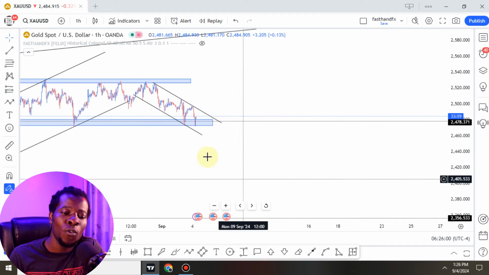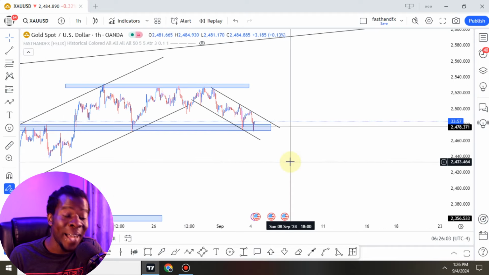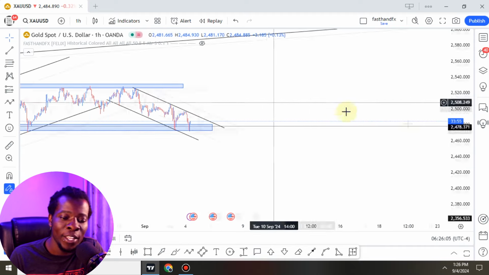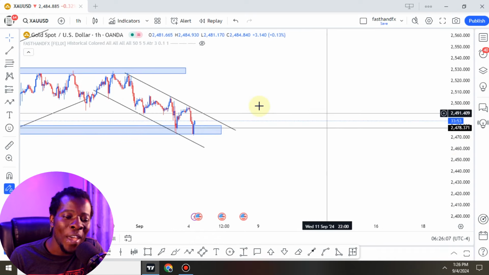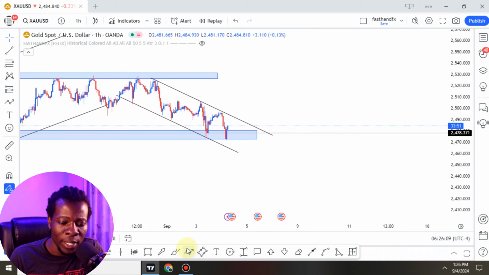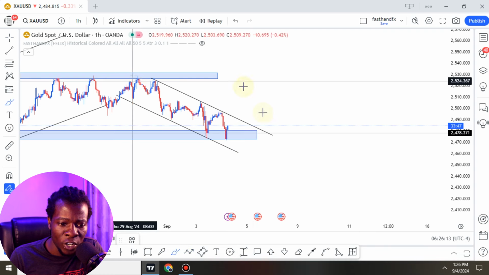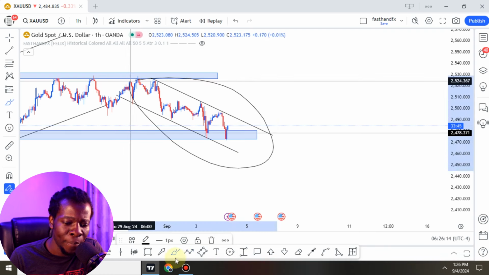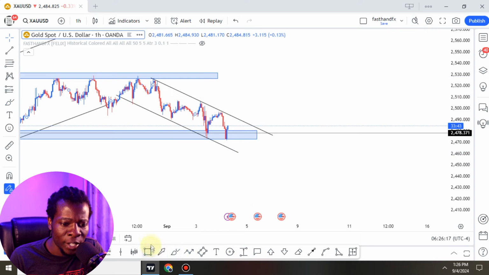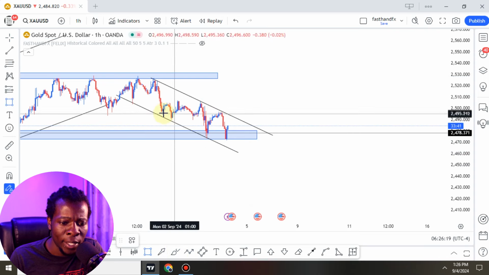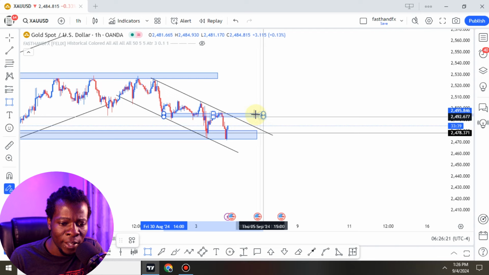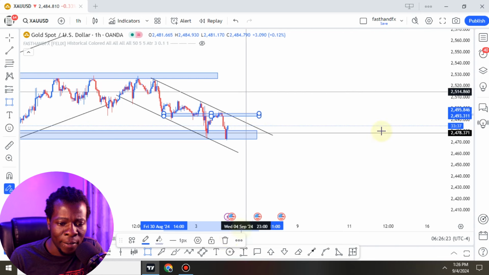So for a good buy, if we are looking for buys, the only thing you need to wait for the market to do is take out this trend right here. This downtrend has to be done away with, right? So before that, we continue marking our levels. We have this right here. You can mark that.